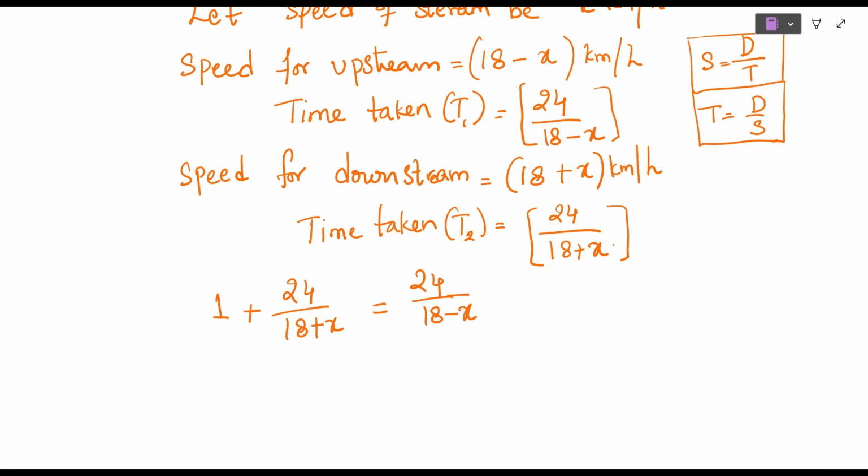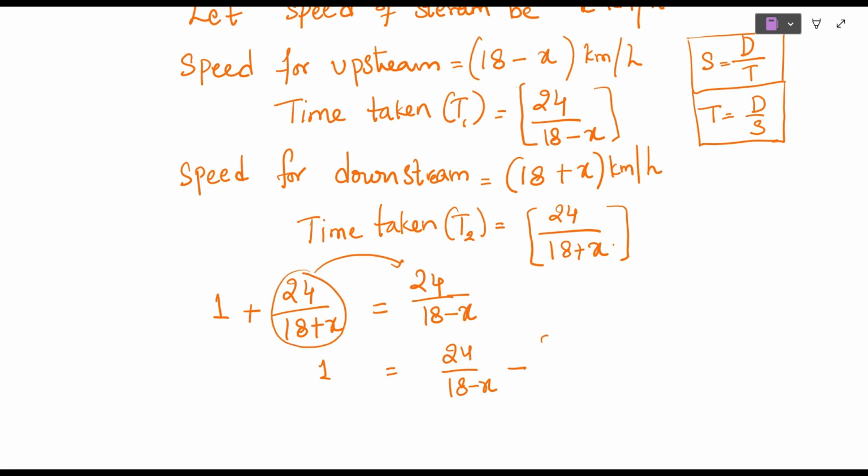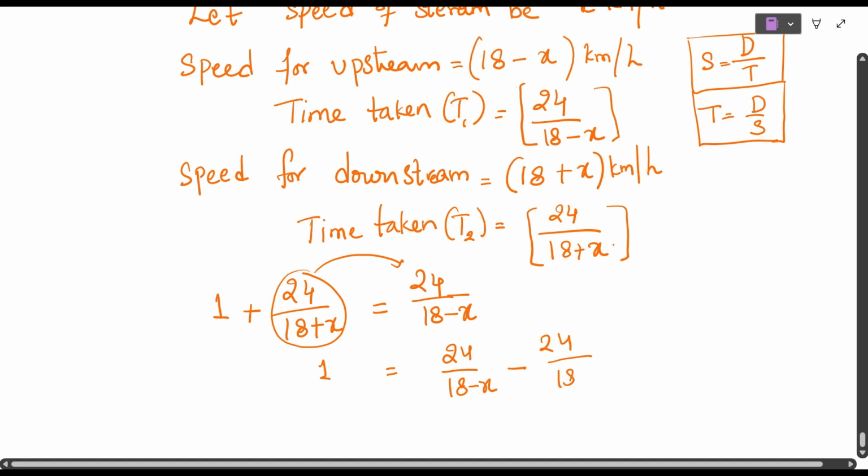We can transpose this whole part to this side, and 1 will be there. So 24 by 18 minus x plus 24 by 18 plus x. Transposing, it becomes minus 24 by 18 plus x. Understood, students?